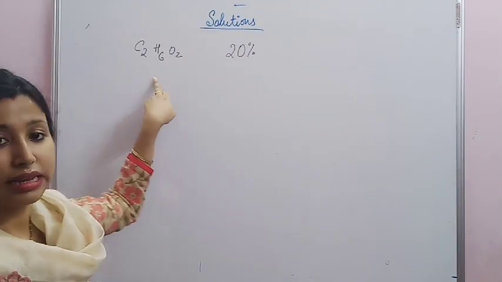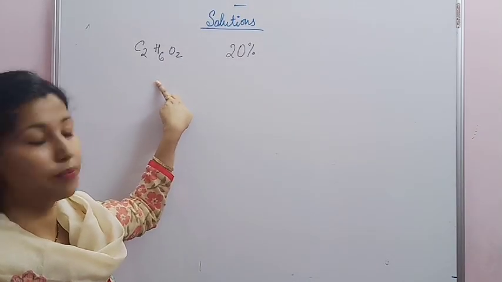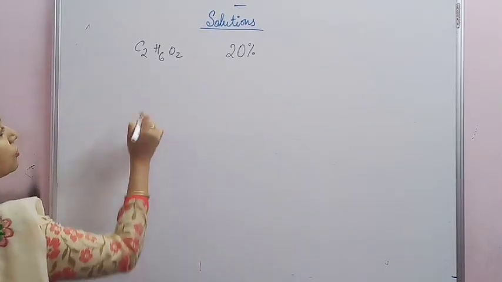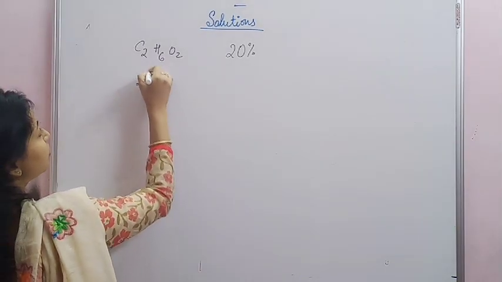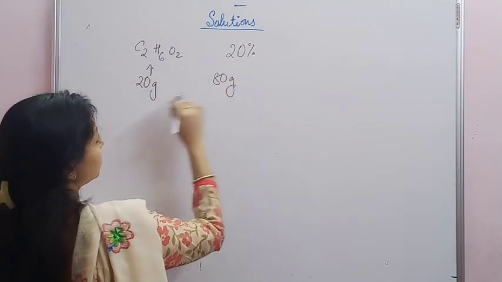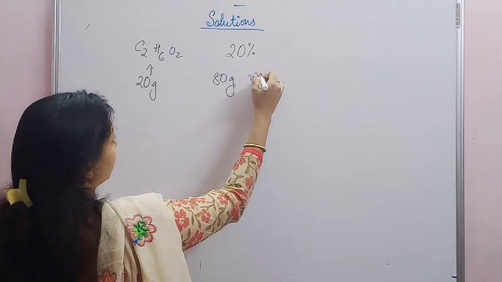Now, by mass, if they say that, it means your solution contains 20 grams of ethylene glycol and 80 grams, that means the rest, is water.